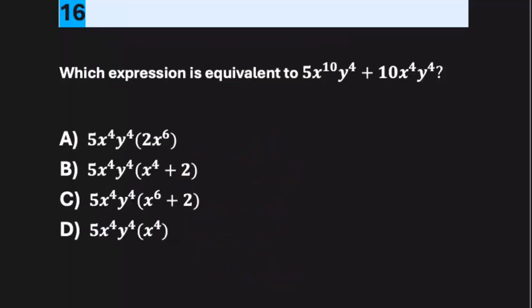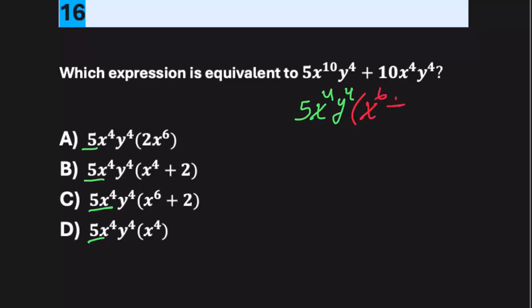Question number 16 is about factoring and exponential powers. Based on the multiple choices, we're going to factor out 5x to the 4, y to the 4. And let us see what is left inside the parentheses. 5x to the 10, we took out 5x to the 4, so we have x to the 6 left.